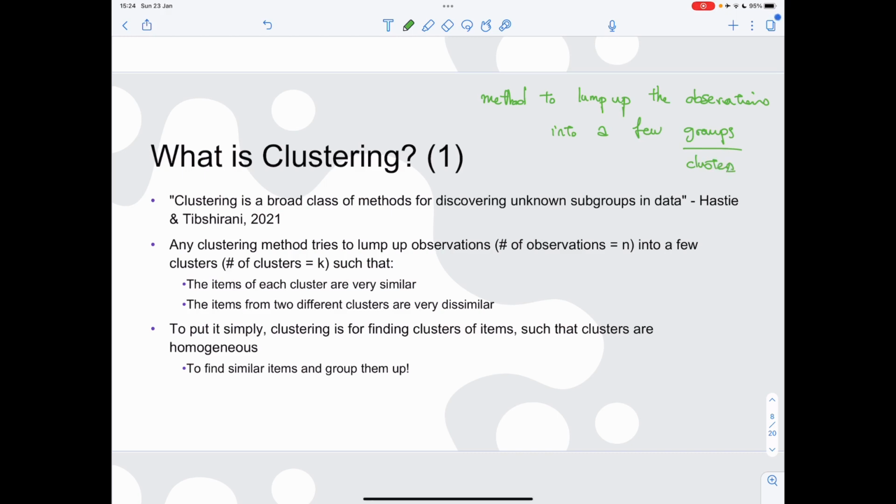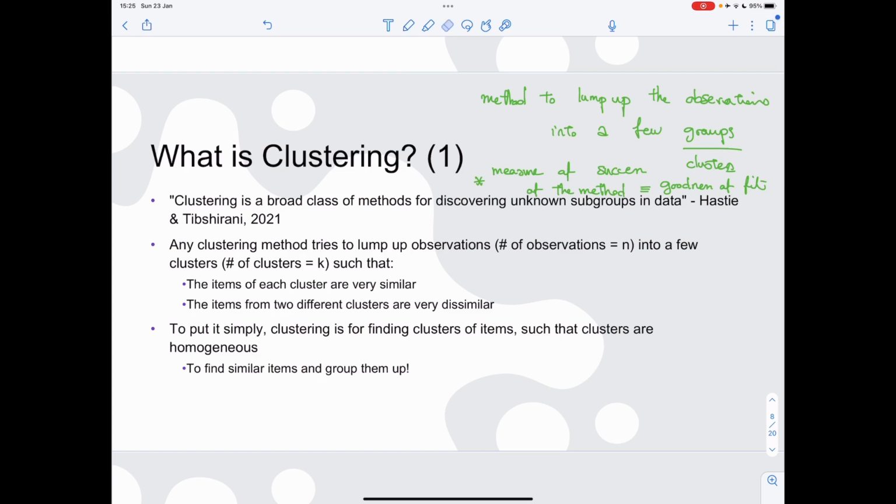And not every group is acceptable. Like every other method that we are going to learn, there is a measure of success of the method, also called goodness of fit. So we want to lump up the observations into fewer groups and have a satisfactory measure of success.